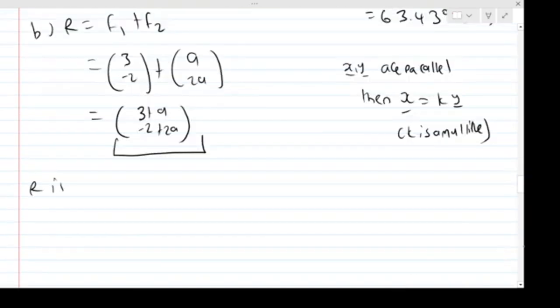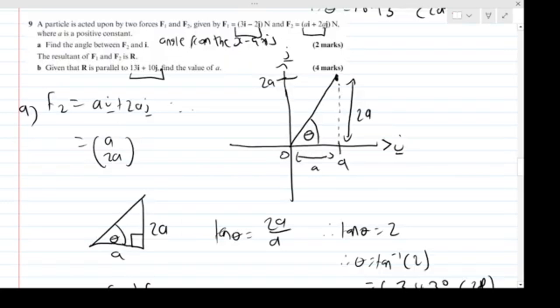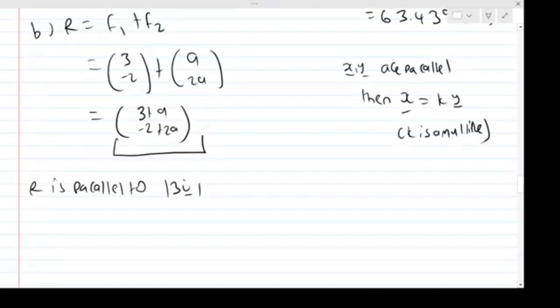So r is parallel to 13i add 10j. Therefore r, which is the vector 3 plus a, and then 2a minus 2, this is the vector r.